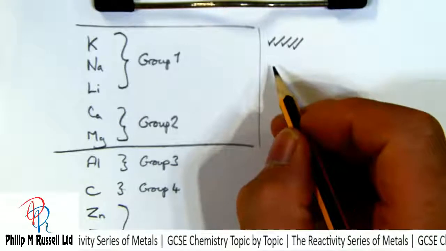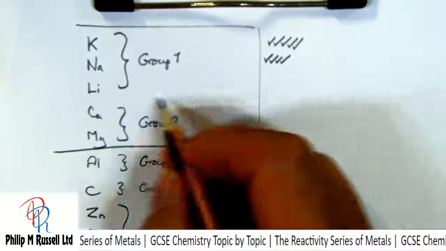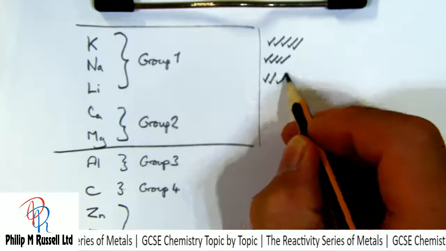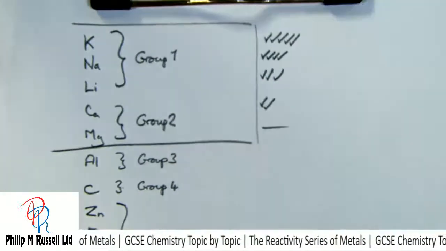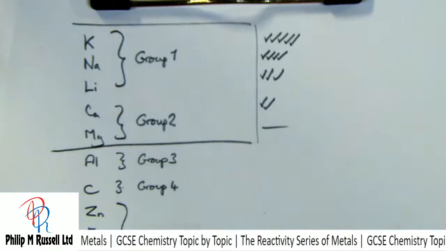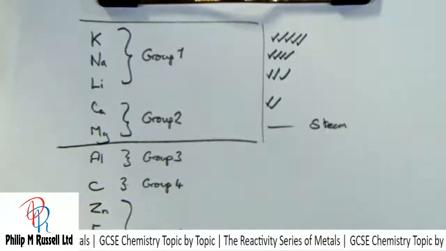I'm going to give that 5 ticks. Sodium is going to get 4 ticks, lithium 3 ticks, calcium 2 ticks, and I'm sorry, magnesium, it didn't react, but it will react if you can put steam in there.